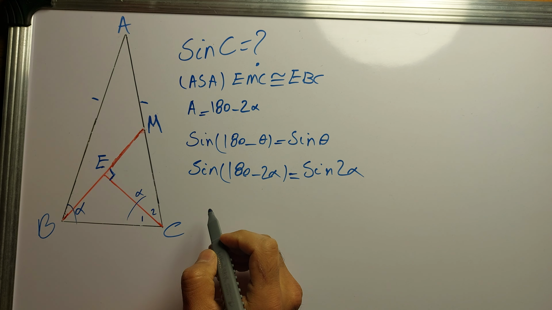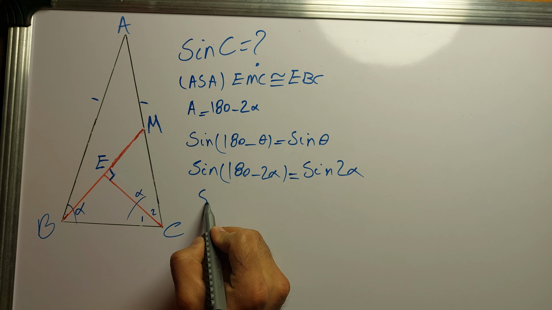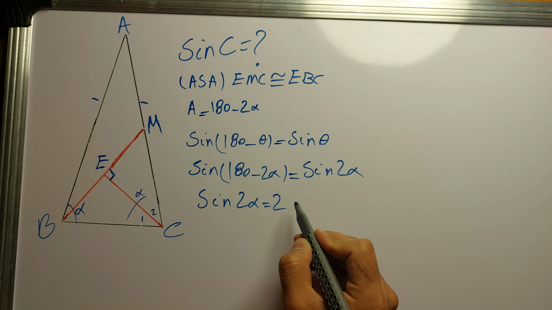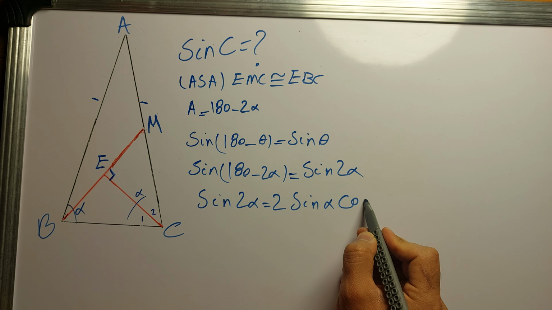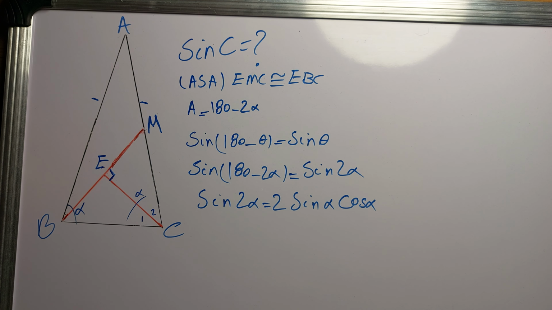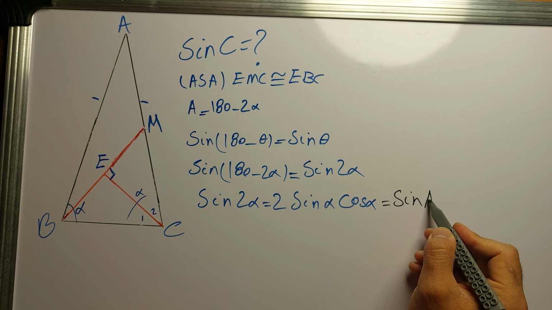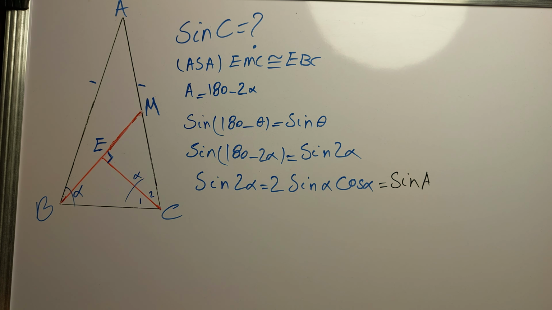And based on another trigonometry rule, sine 2 alpha equals 2 sine alpha cosine alpha. So this is also another important rule. So this is also sine A, right? So sine of angle A equals 2 sine alpha cosine alpha.